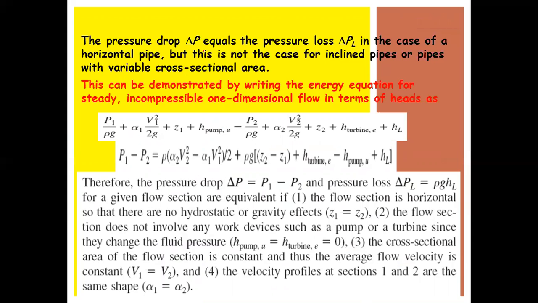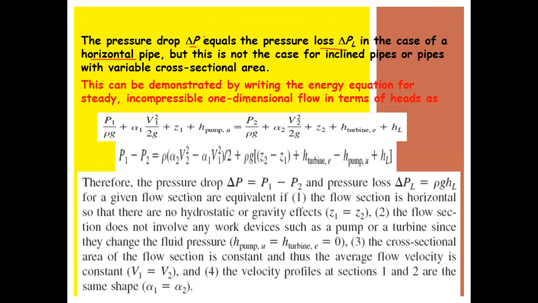The pressure drop delta P equals the pressure loss delta PL in the case of a horizontal pipe. That is one case. If it is a vertical pipe, it is another case. So for a horizontal pipe, delta P is equal to the pressure head loss delta PL. But this is not the case for inclined pipes or pipes with variable cross-section area.